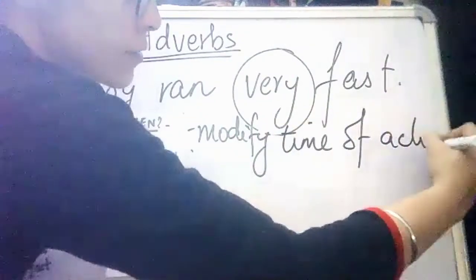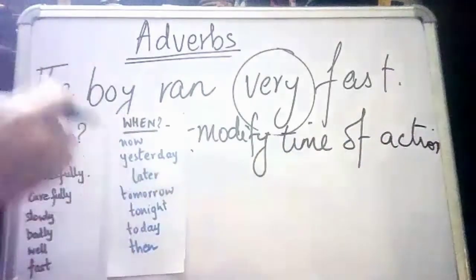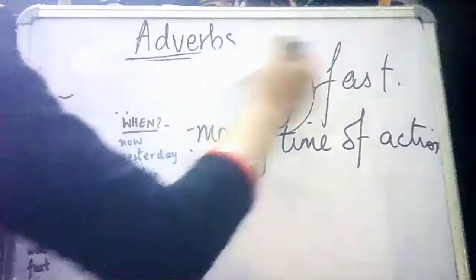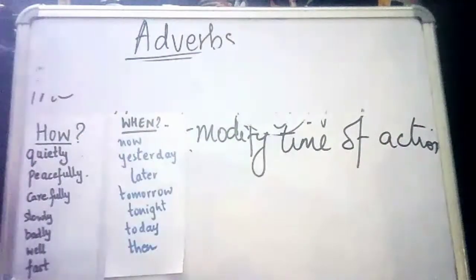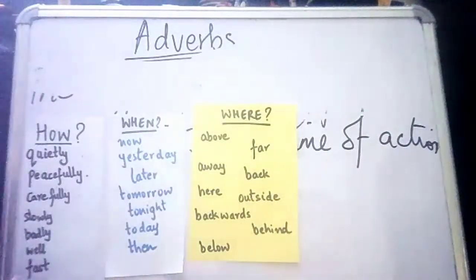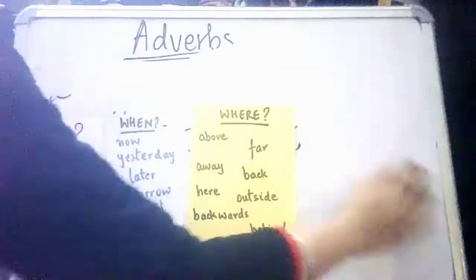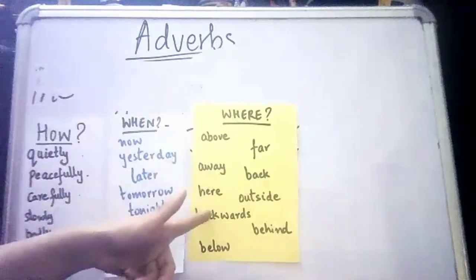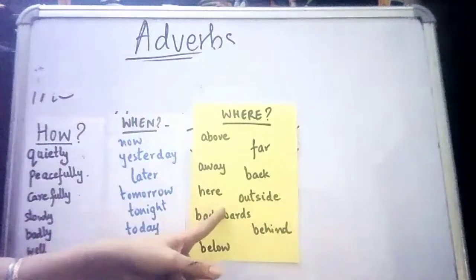So we have done how and we have done when. Now we look into the third question which they answer. That is where. Where does this action take place?